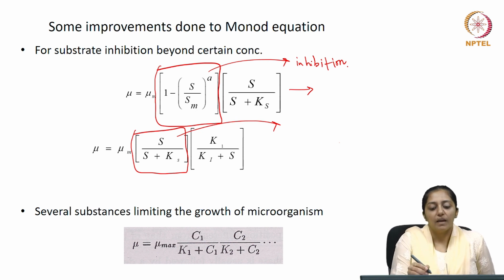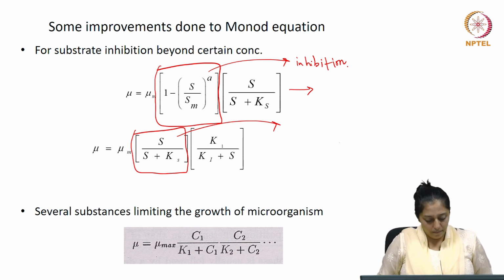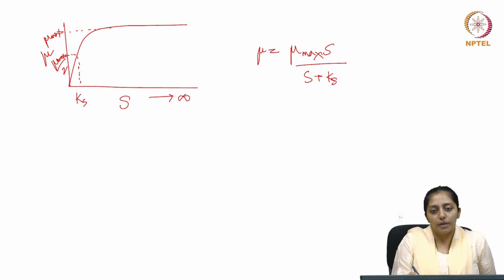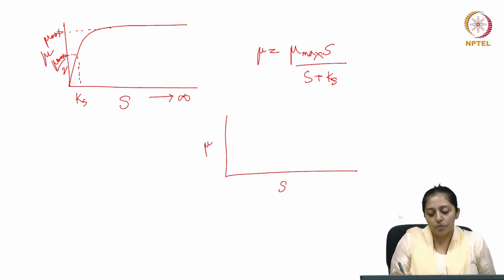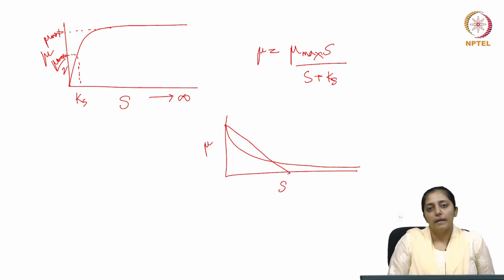Yes. In the first equation, if you make a plot of how the specific growth rate is going to be inhibited by increase in the concentration of the inhibitory substrate, you will see it can follow two different trends. One is asymptotic and the other is an inclined straight line with a negative slope.